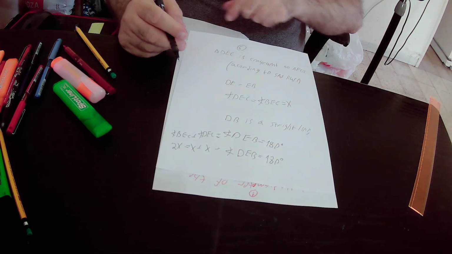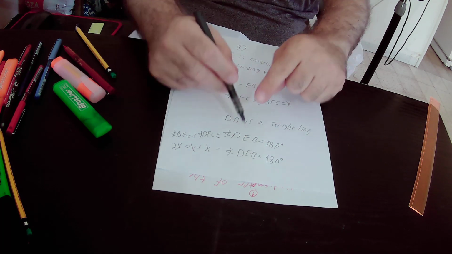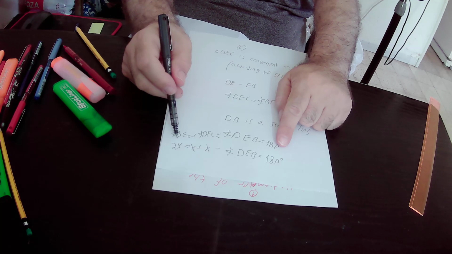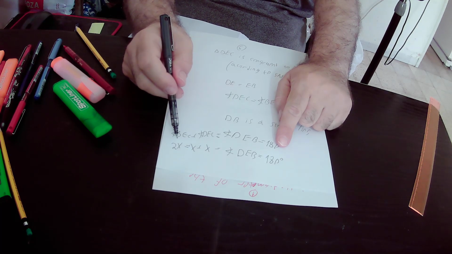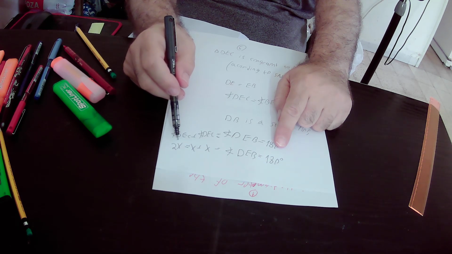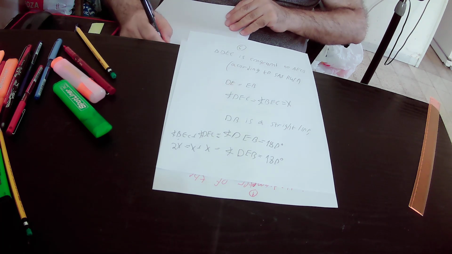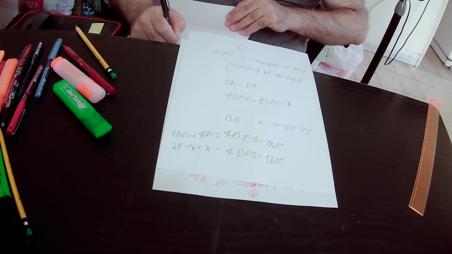Okay, so from this equality we can deduce that 2x equals 180 degrees.